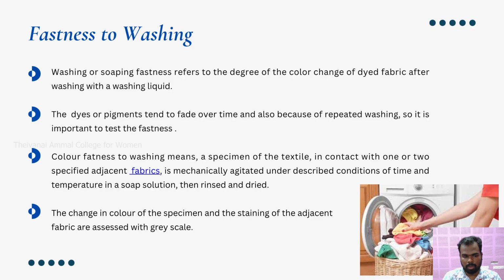When it comes to a washing machine, the machine itself has agitators, which help to agitate the fabrics more. So if any dye-releasing fabric is in it, it helps to release the dye. After that the process is rinsing and drying. Then, using a gray scale, the specimen is evaluated for staining or color changes.